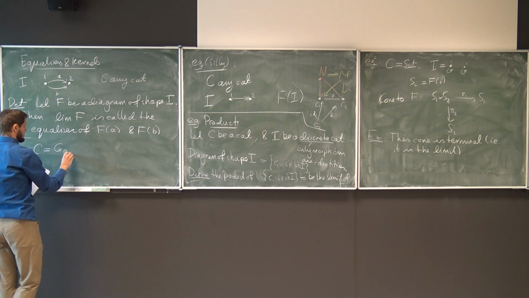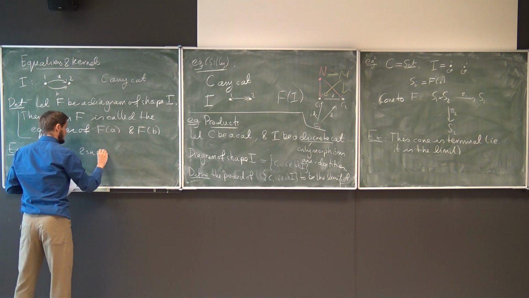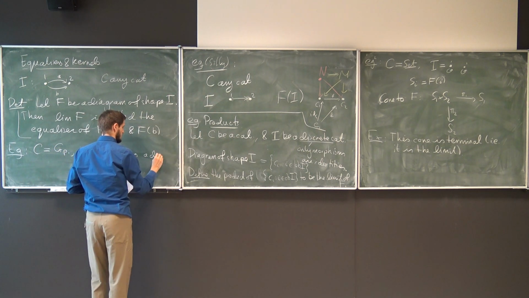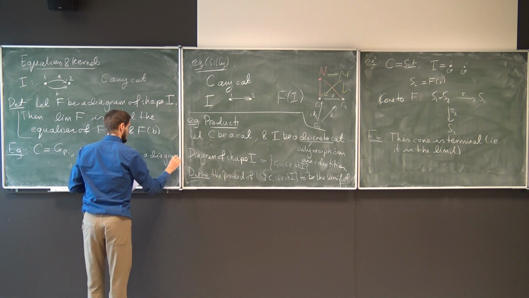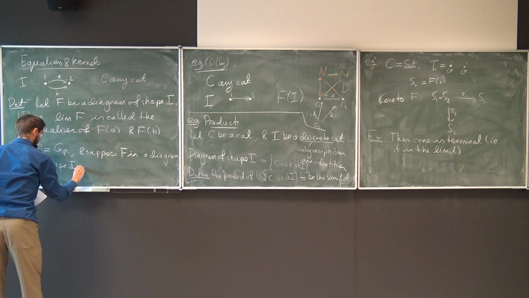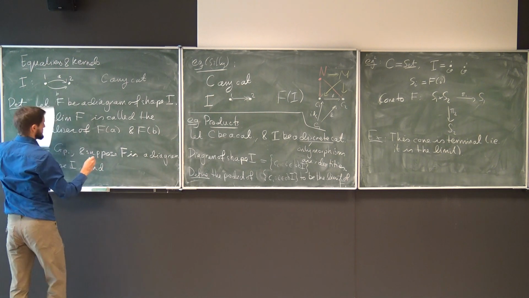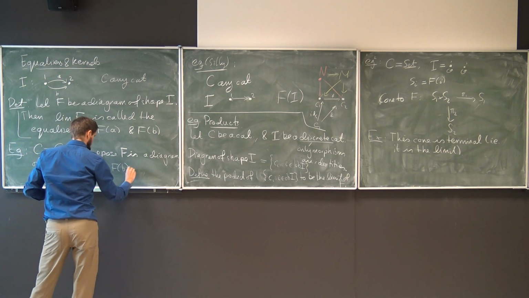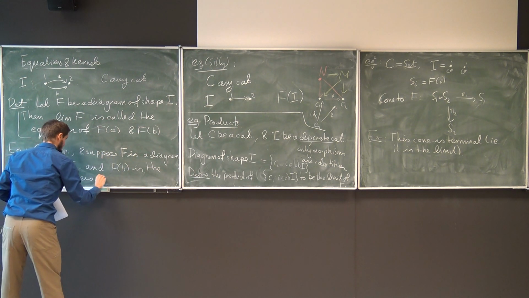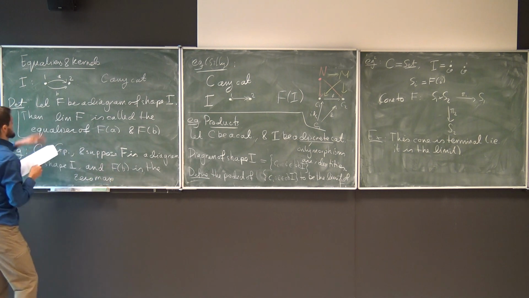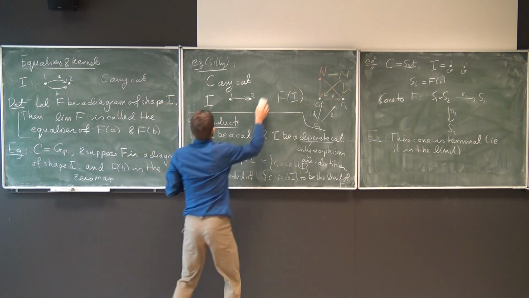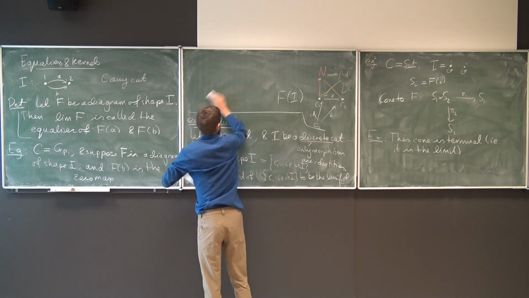And let's suppose that F is a diagram of shape I, and that F of B, say, is the zero map between F of 1 and F of 2. And so my claim is then that the limit of this diagram is the kernel of F of A.